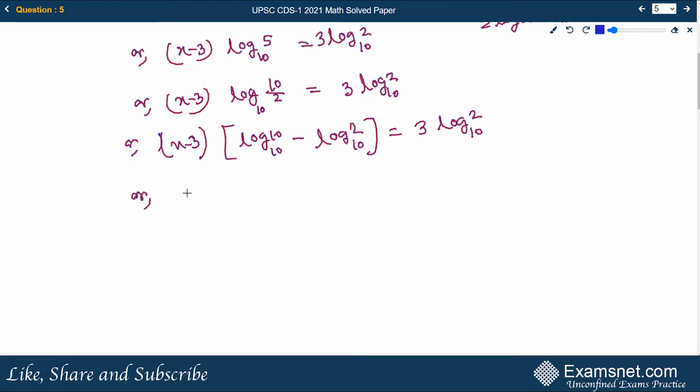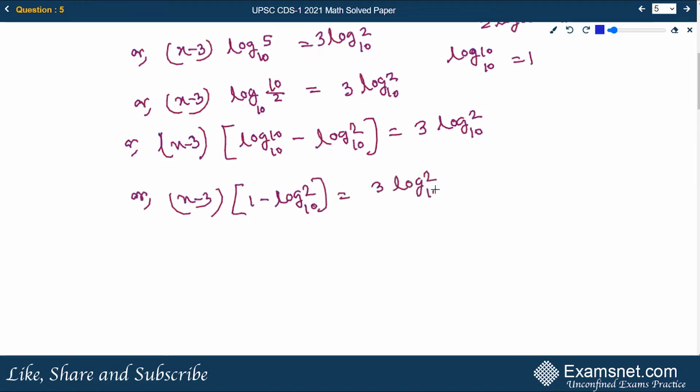So here x minus 3, also we know log 10 to the base 10 gives us the value 1. That means we'll get here 1 minus log 2 to the base 10, 3 log 2 to the base 10.